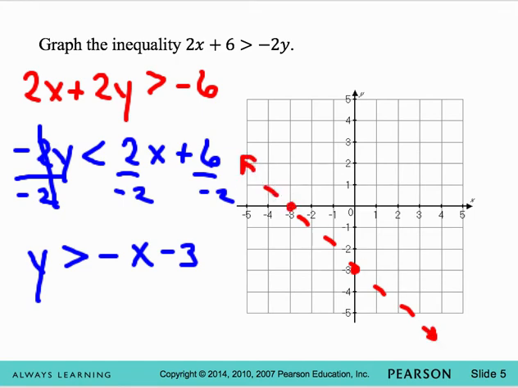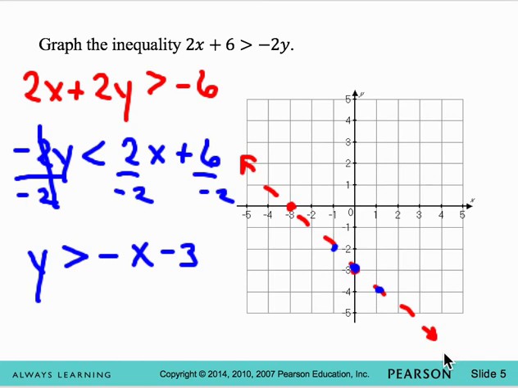Now let's get back to where we were. The y-intercept is -3, and the slope is -1, which means I go down 1 and then over 1, or up 1 and backwards 1. Notice we're going to get the same line.